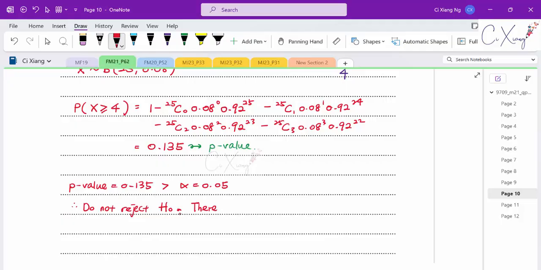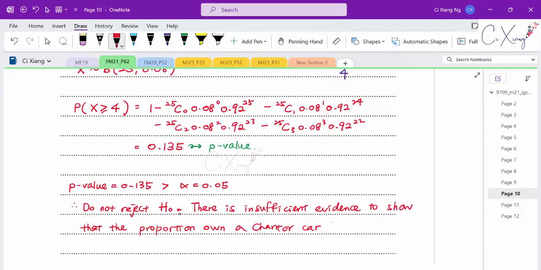Since we do not reject the null hypothesis, that means there's insufficient evidence to show that the proportion of owning a car has increased. There's no evidence to show that it has increased. Alright, so this is how we carry out the test here.